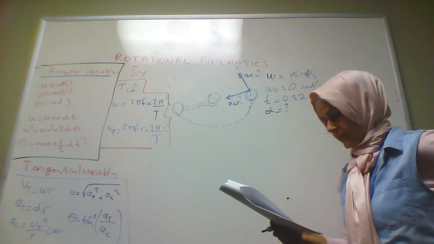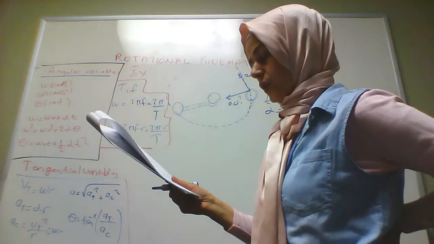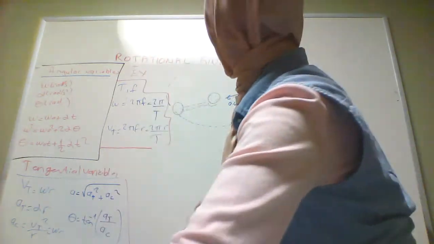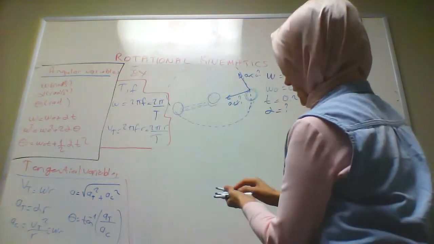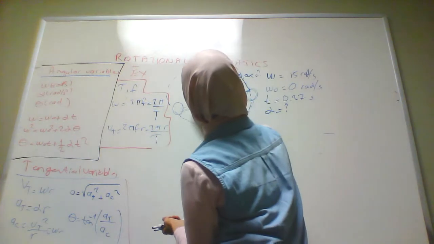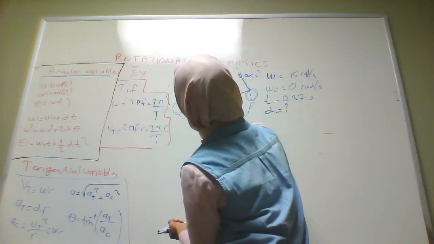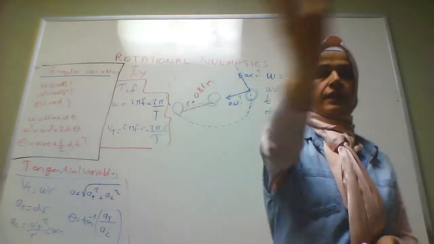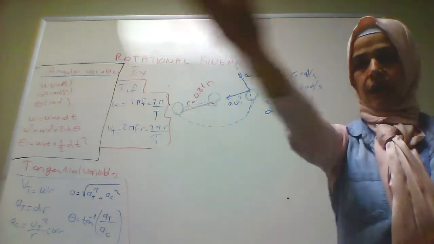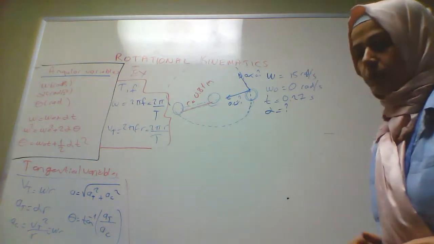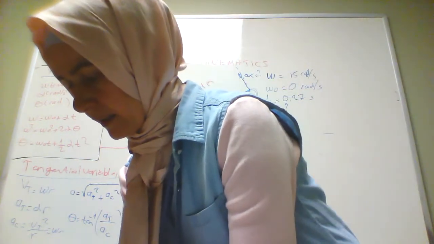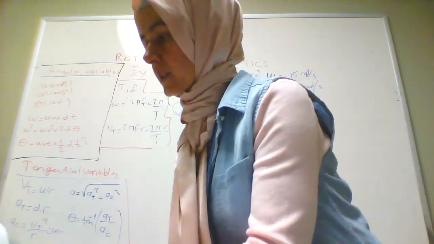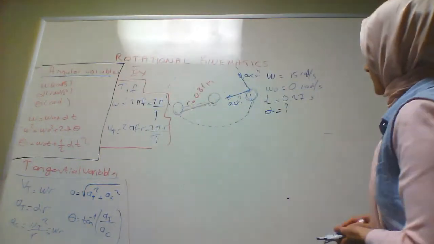During the acceleration, the discus moves on a circular arc of radius 0.81 meters. So the radius that the discus rotated along is equal to 0.81 meters. Let's see now what they're asking. Find the magnitude of total acceleration. So A is what they're asking us.